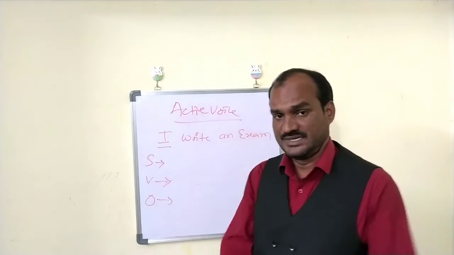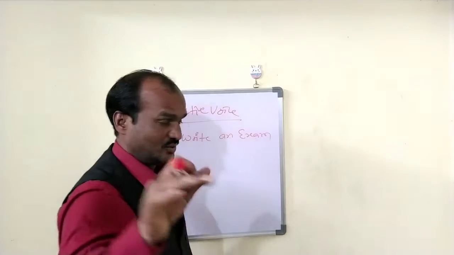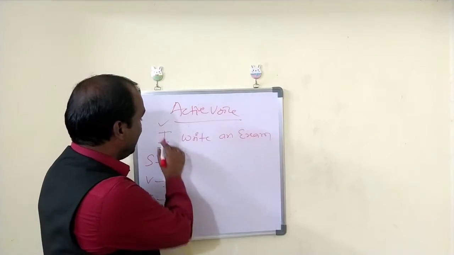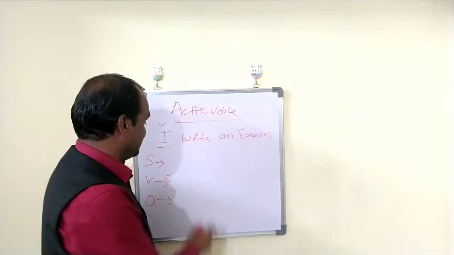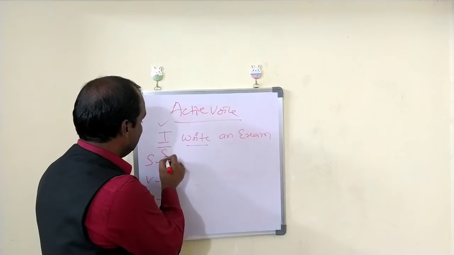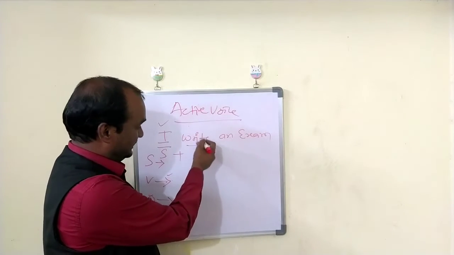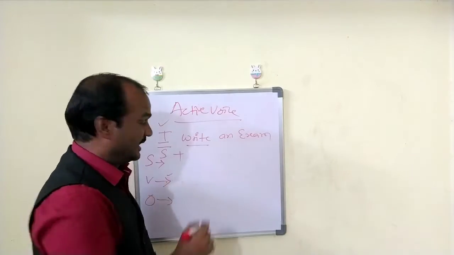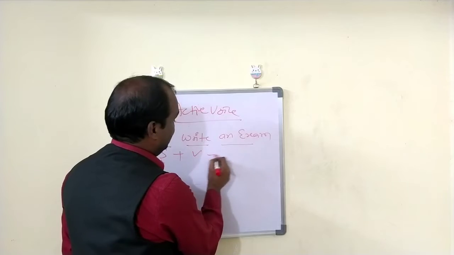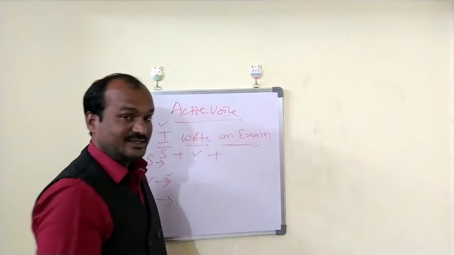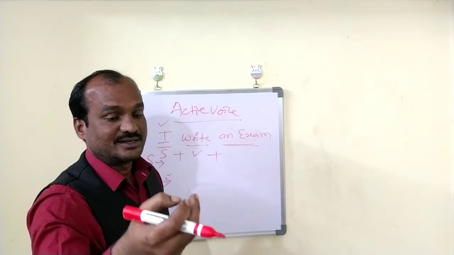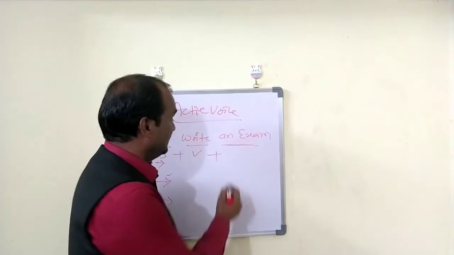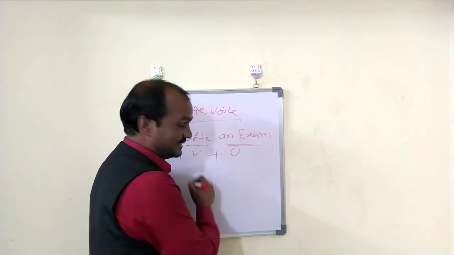Subject is the doer of the action, and verb is the action done by this subject. Here, an exam is the object, that is the sufferer or receiver of the action.